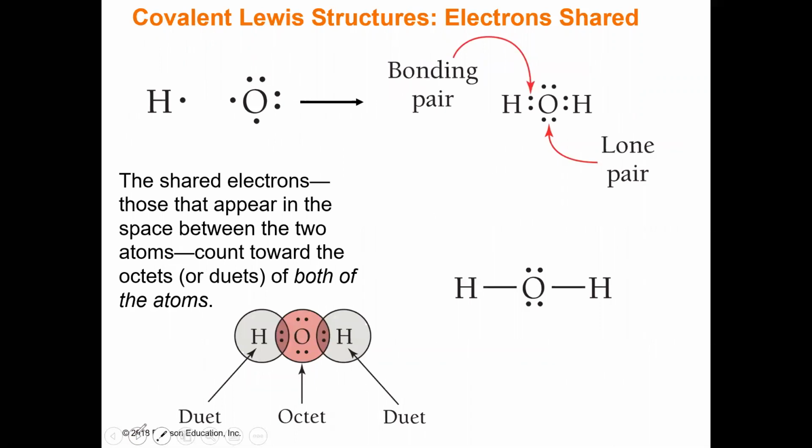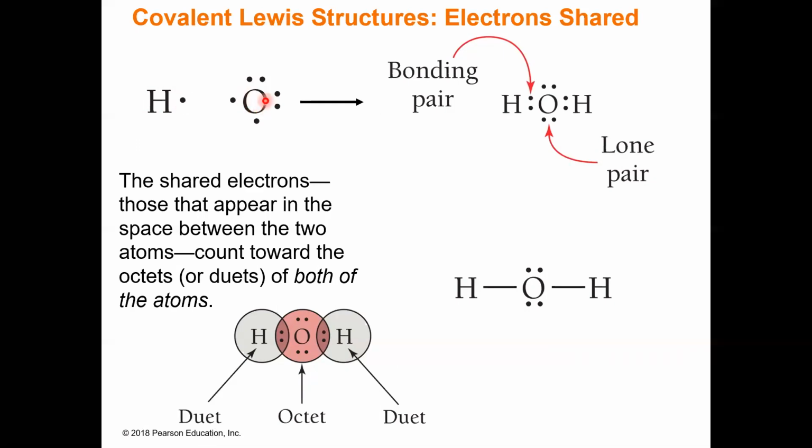So let's look at the formation of water, or the covalent bonding between the two hydrogen atoms and the oxygen atom in order to form the H2O molecule. Each of our hydrogen atoms comes with one valence electron.